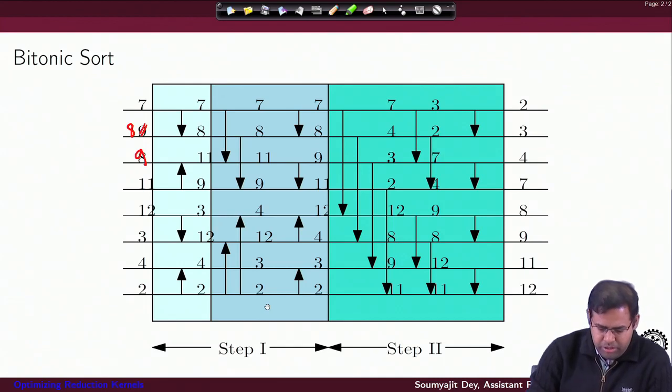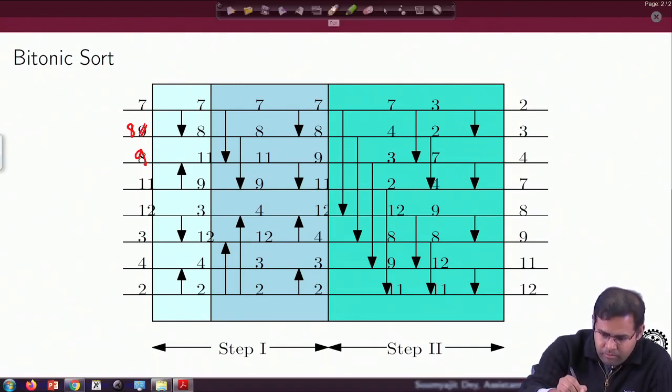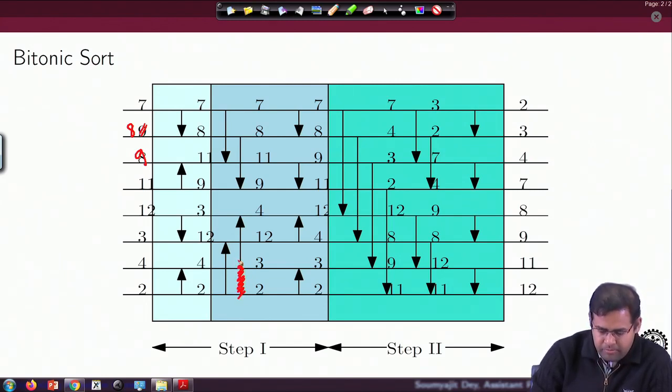Just 1 minute, I think here, the 4 is here, and yet again, so the issue is, this is from where it will start.